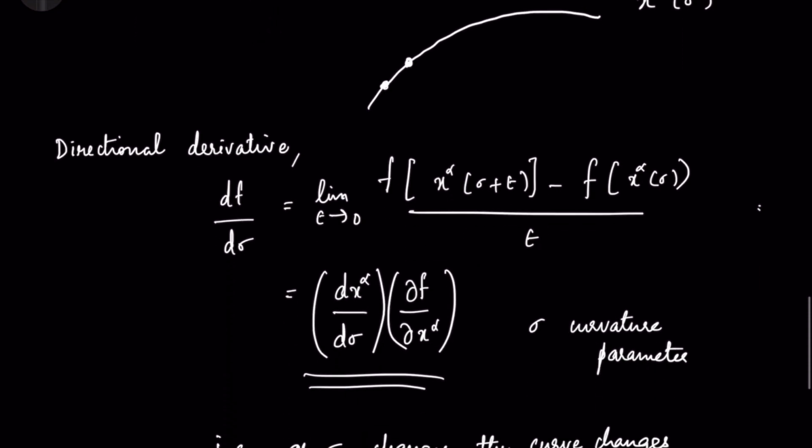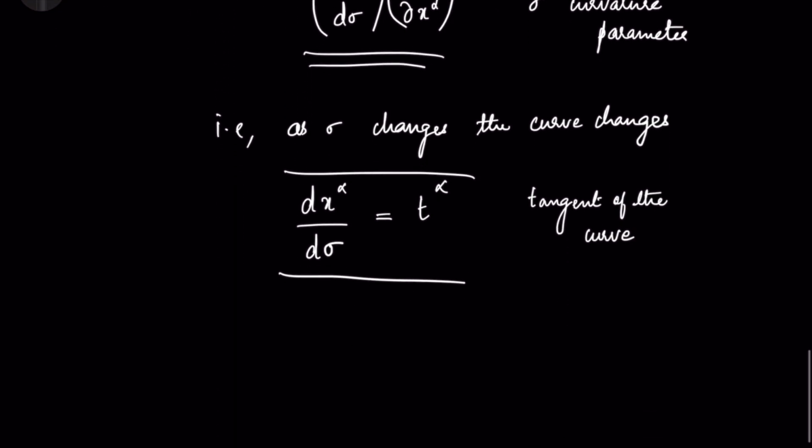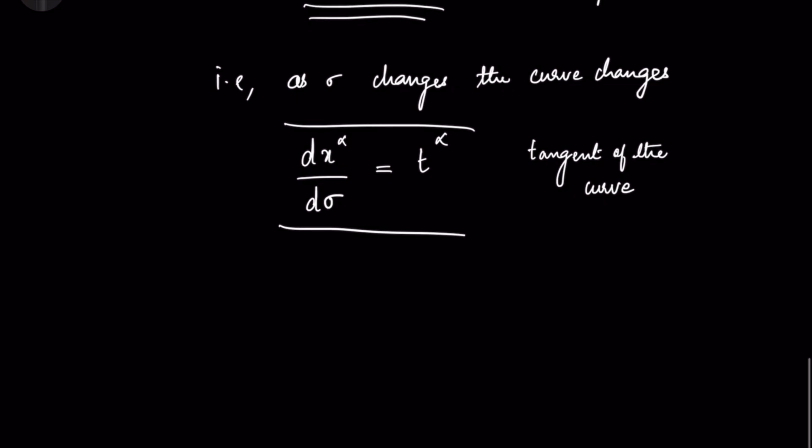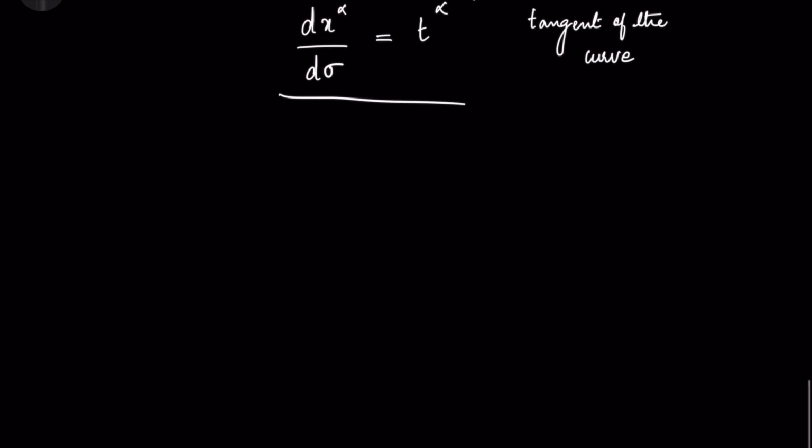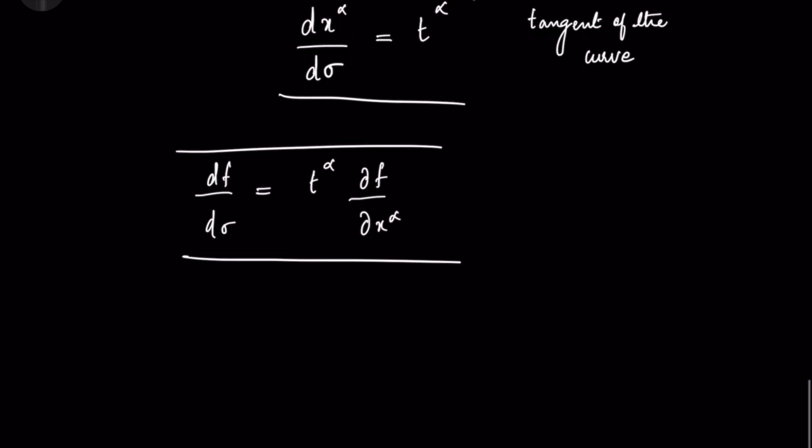Therefore, we can say that the tangent gives the infinitesimal displacement at a point. df by d sigma can be written as t alpha times the partial derivative of f with respect to x alpha. So this is the directional derivative. This is the tangent. This is a partial derivative.